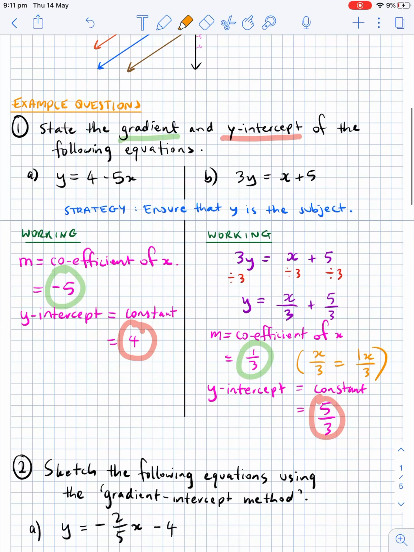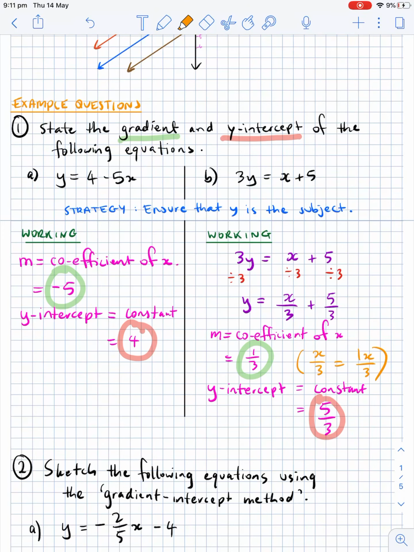Okay, so let's do some example questions. State the gradient and the y-intercept of the following equations. So we've got our equations here. The strategy is to ensure that y is the subject because that means it's in gradient intercept form. Okay, let's look at this first one. Y is the subject, so we've got it in gradient intercept form.